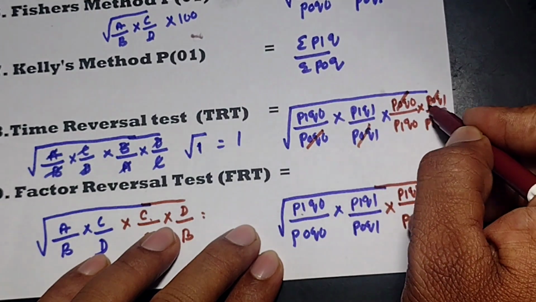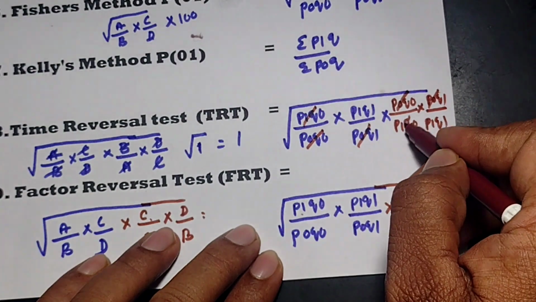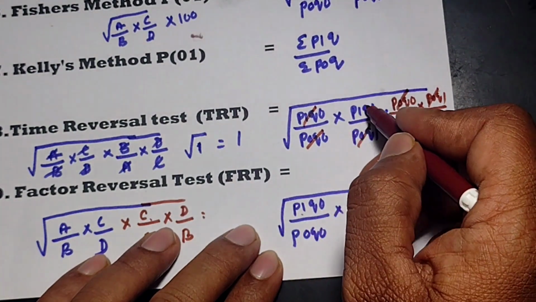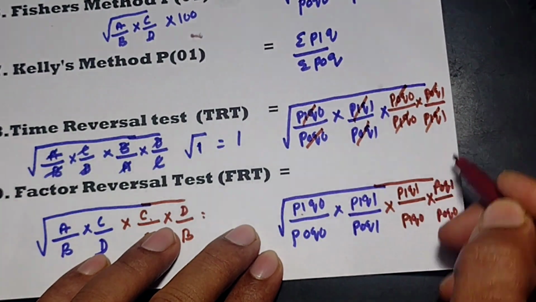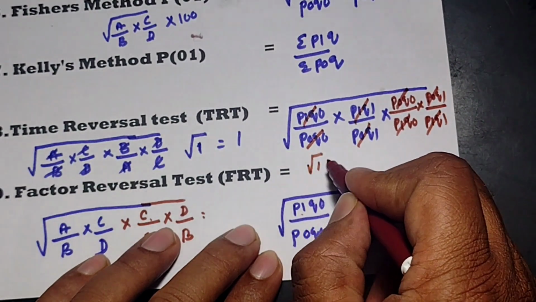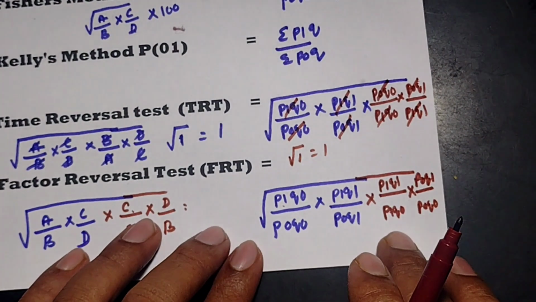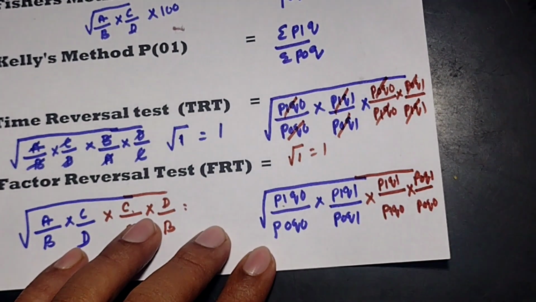P0 Q1, P0 Q1 gets cancelled. P1 Q0, P1 Q0 gets cancelled. P1 Q1 and P1 Q1 get cancelled. Therefore root of 1 equals 1. But in factor reversal test, all of this will not get cancelled. Only two will get cancelled.